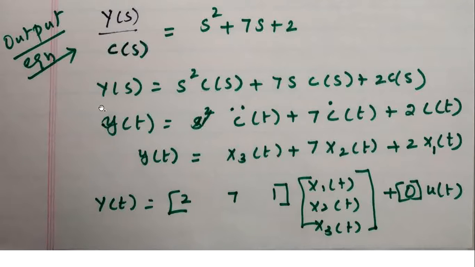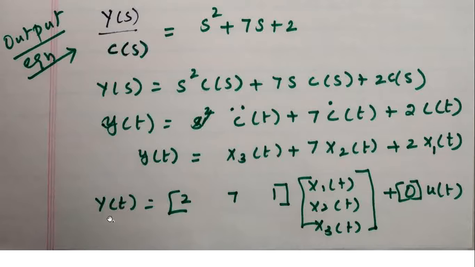Let us obtain it in the time domain: y of t is c double dot of t plus 7 c dot of t plus 2 c of t. In this y of t equation, we will replace the state variables, where c double dot is x3 of t, c dot is x2 of t, c of t is x1 of t.